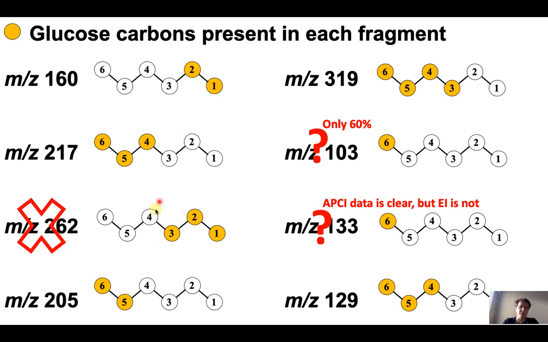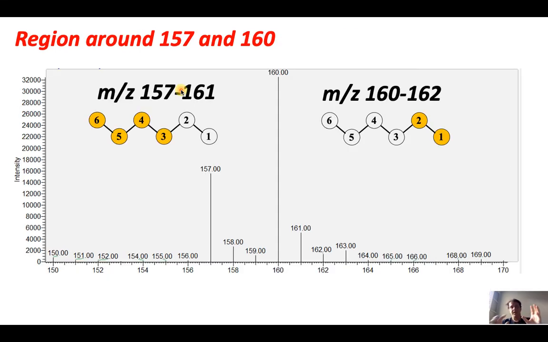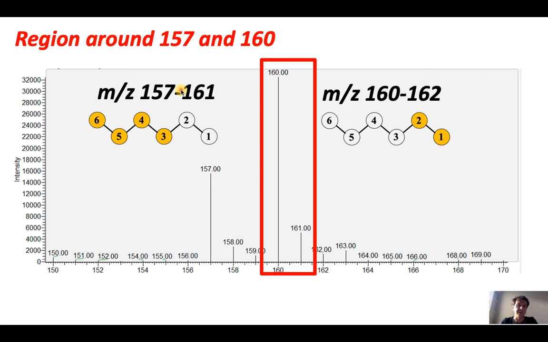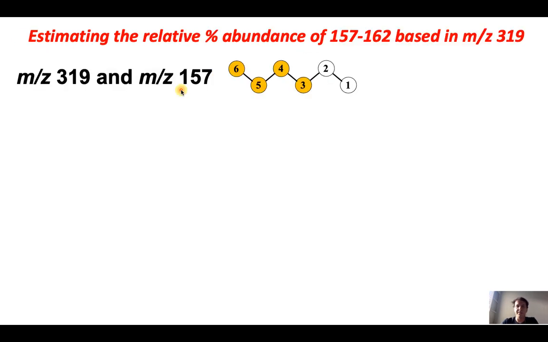This one contains them, but we cannot trust it, and all of the others that we can trust have no carbon 1 and 2. That's why we try to solve this problem of overlap between the 157 and the 160. So this is the overlap that we focus on. And how do we do that? We basically took a fragment that also contains the carbons 3, 4, 5, and 6, which is the 319. And as I said, it's a very good fragment, very clear.